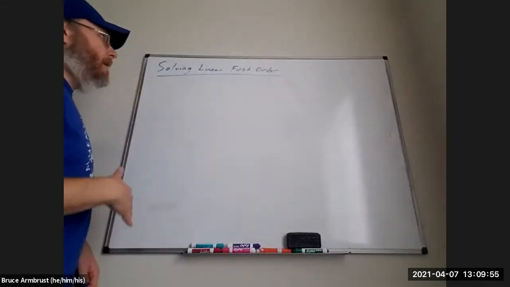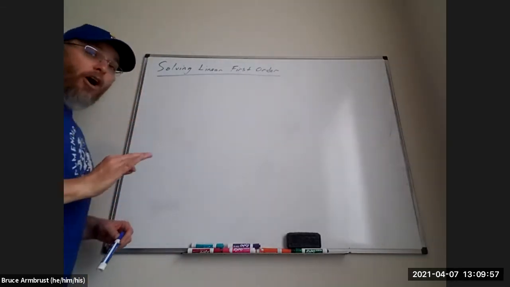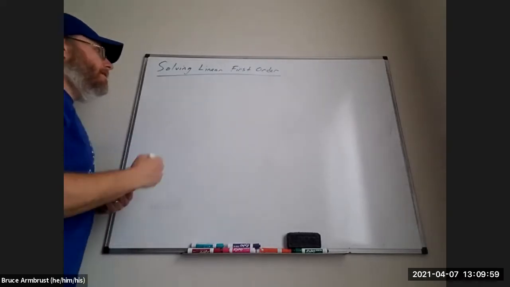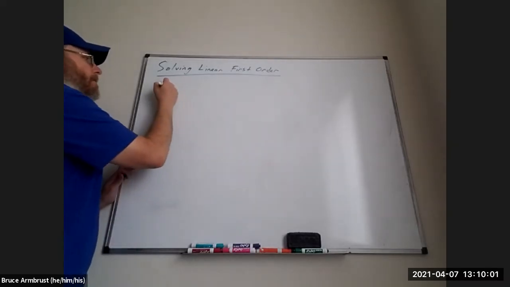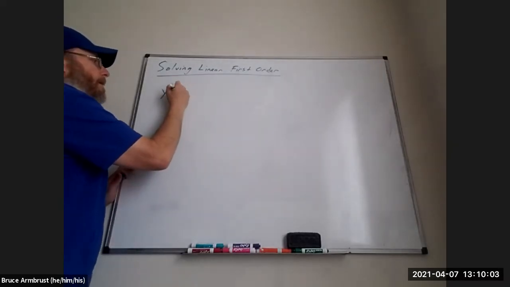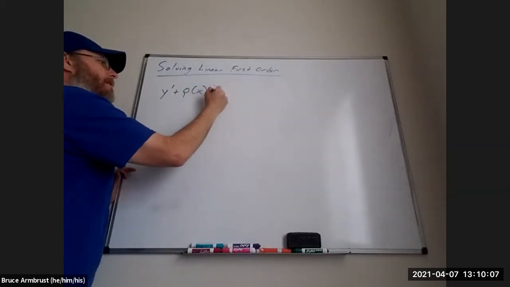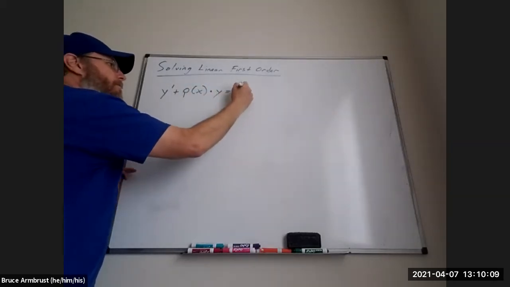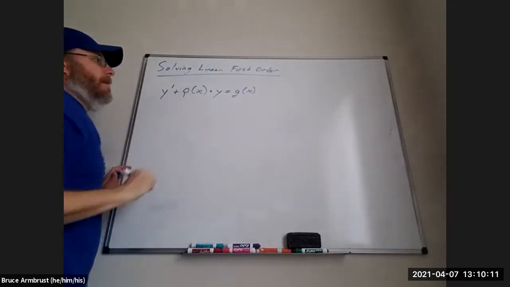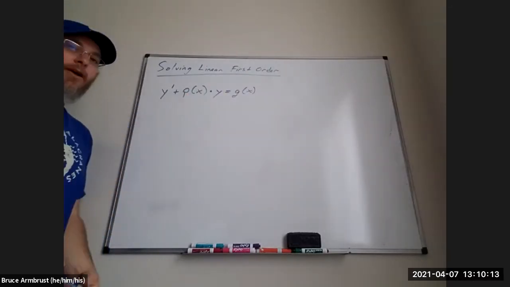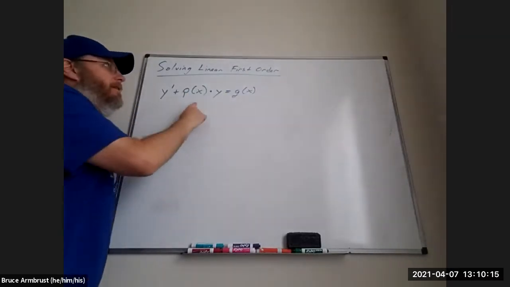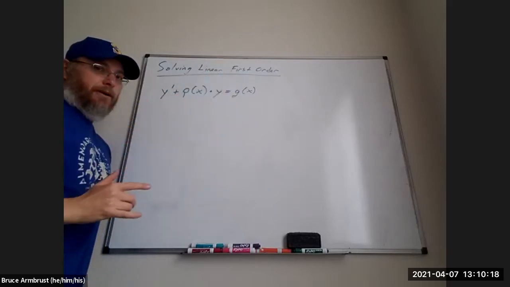All right, so if we're talking linear first order, all linear first order can be written in this form, where you have y prime plus some function of x times y equals some other function of x. So any differential equation that can be written in this form is linear first order.